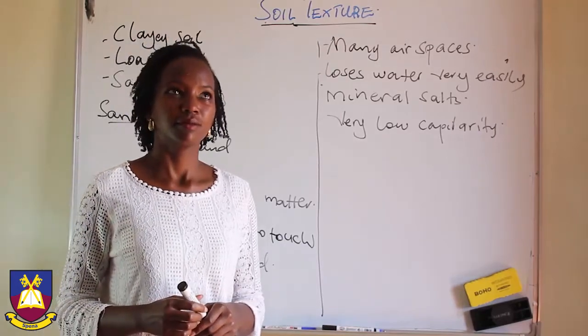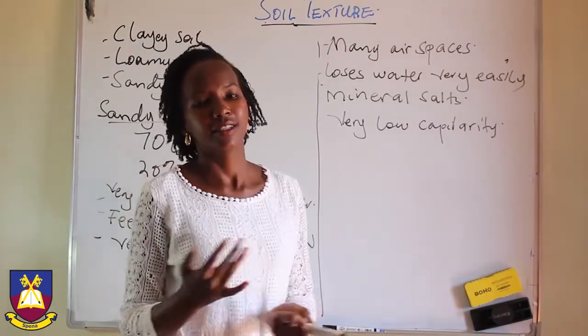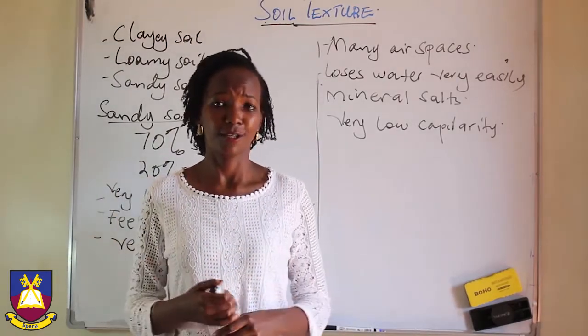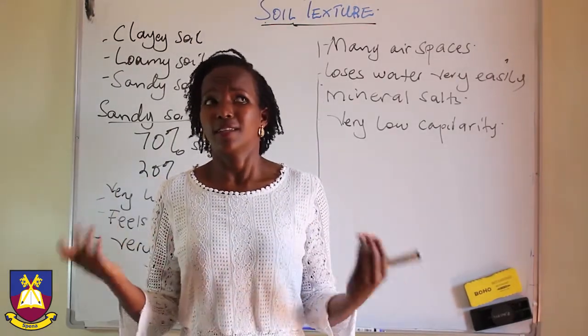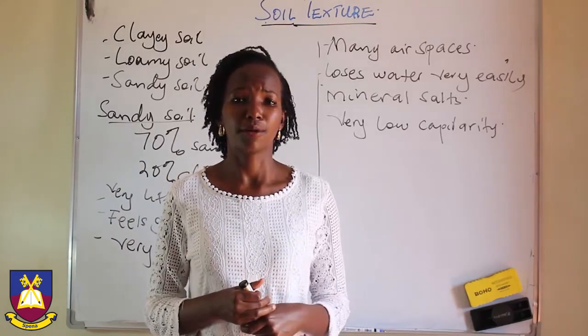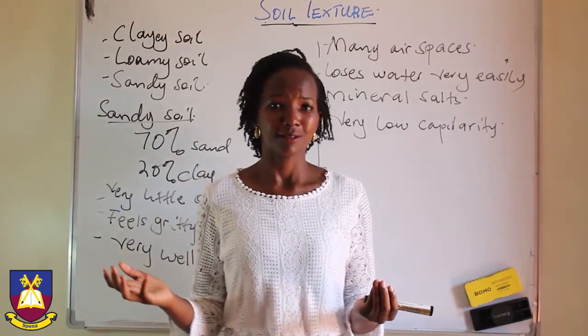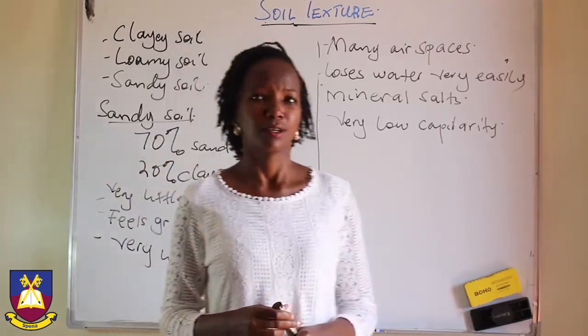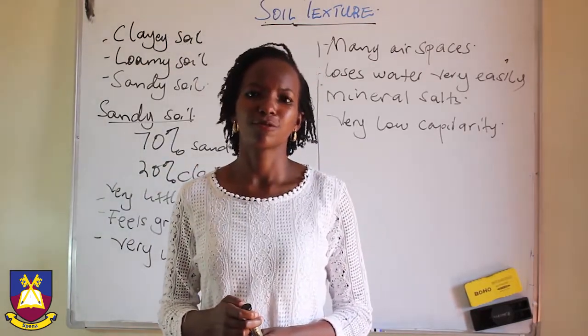But you can tell that now that it drains water very quickly, now that it has very low mineral components, now that it has very low capillarity, then it cannot be good for farming.